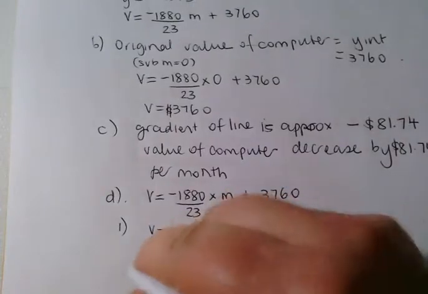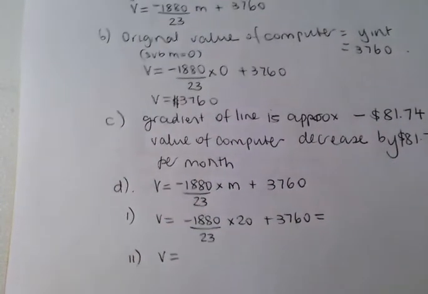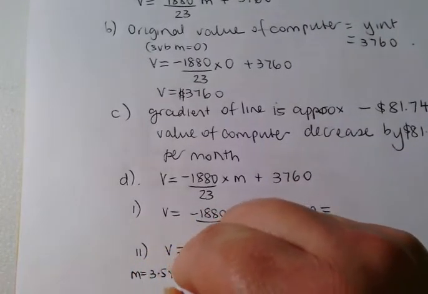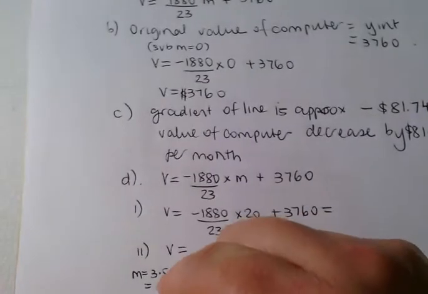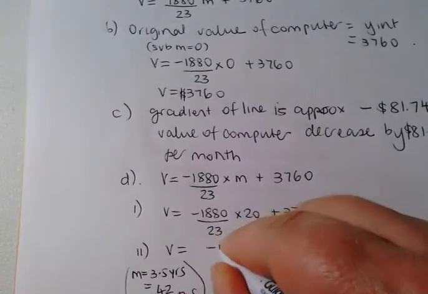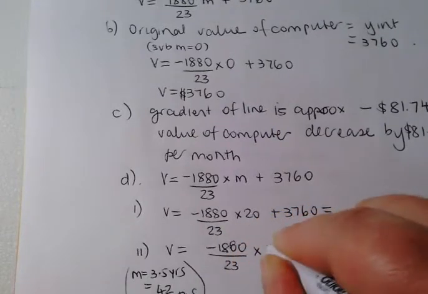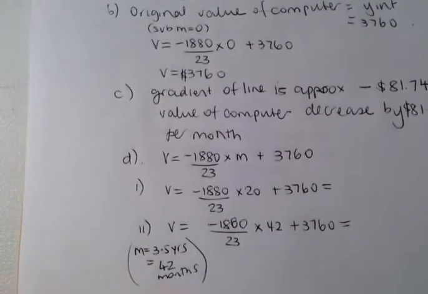For the second one, it's 3.5 years, so you have to times that by 12 to work out how many months. That's 42 months, so make sure you substitute in 42 for part 2.